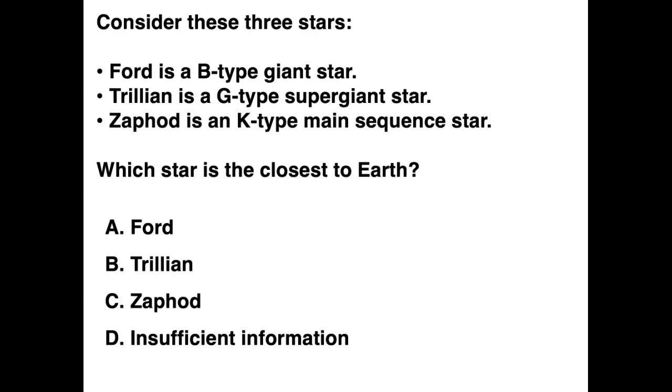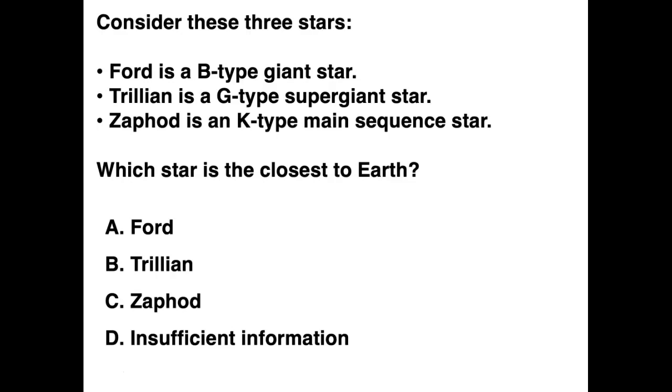Which of these three stars is closest to the sun? Sorry, closest to the Earth, closest to the sun, same thing. Yeah, it's D. We don't have that information, right?